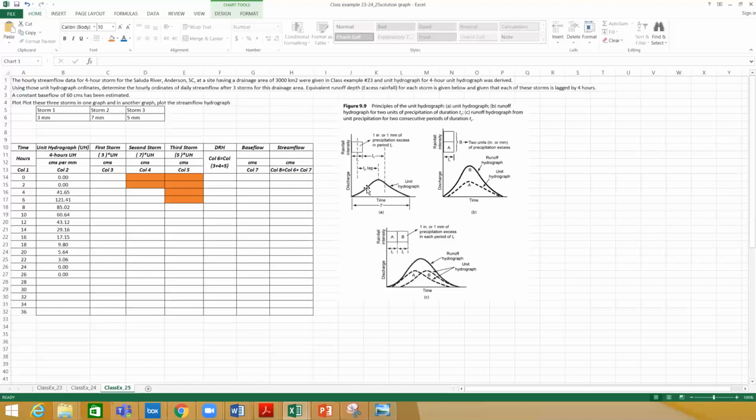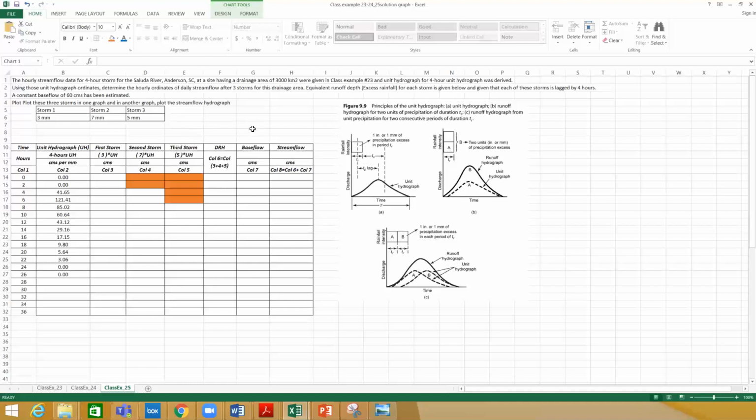We have one single unit hydrograph, and for each storm, since we have different equivalent runoff depths, for this one it's 3, the next one is 7 and 5. So basically for the second one, we will just multiply with this number to get the second runoff, and then we will find, after the end of these 3 consecutive storms, what will be the total streamflow.